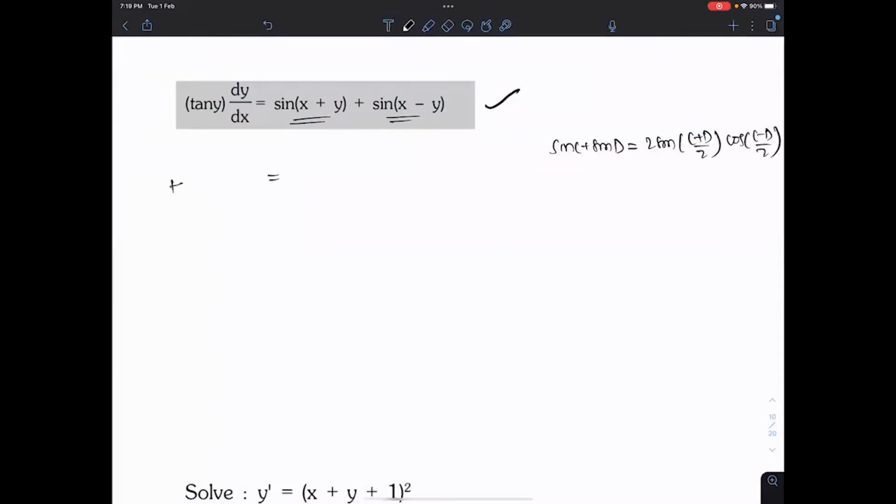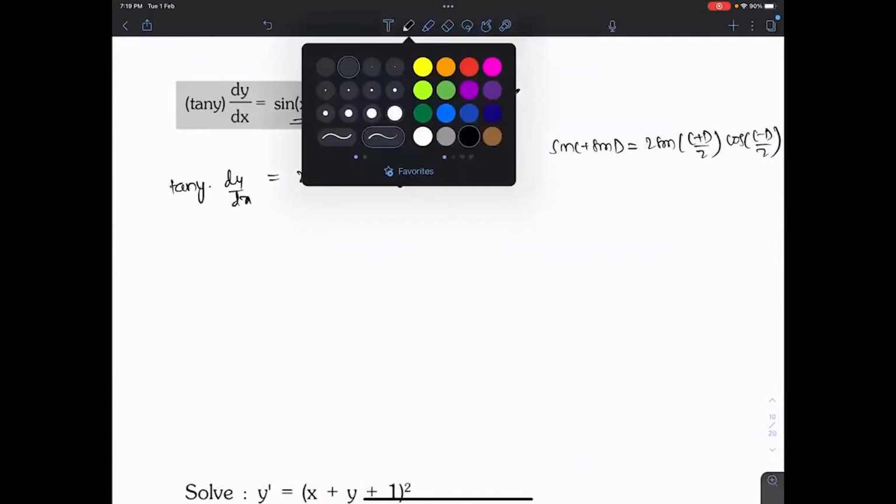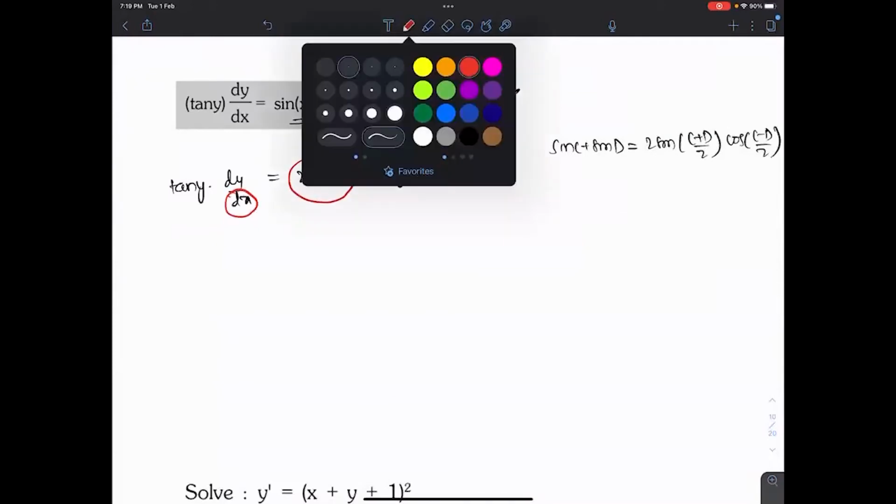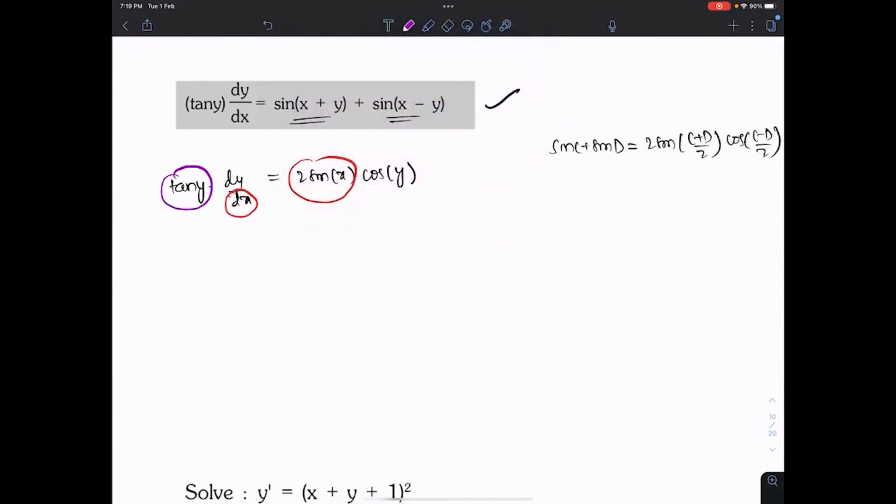So tan y into dy by dx, sin c plus sin d gives 2 sin of c plus d by 2, which is x only, and cos of c minus d by 2, cos y you will get. Now you can separate all the x terms and all the y terms. Dx, 2 sin x one side, and remaining all the y terms one side you can bring. Then you can integrate.